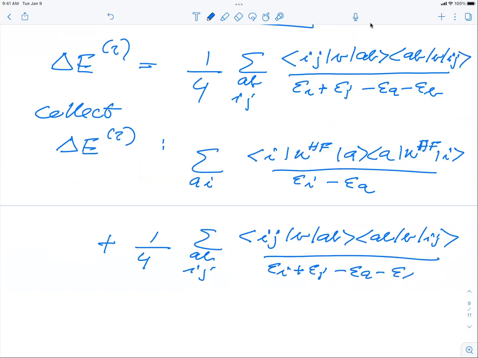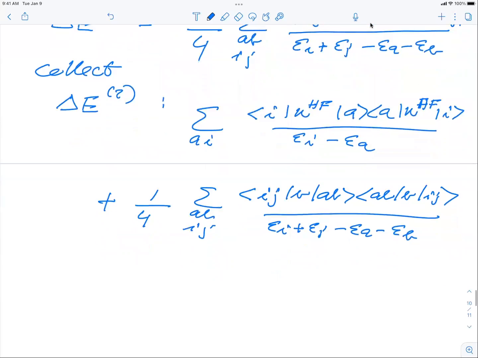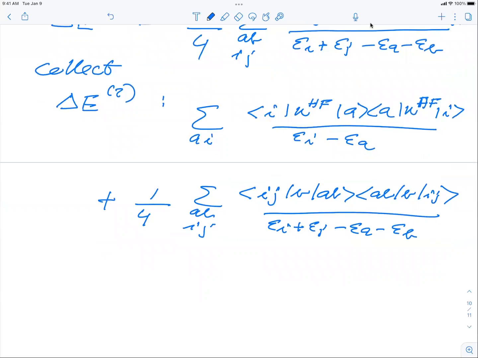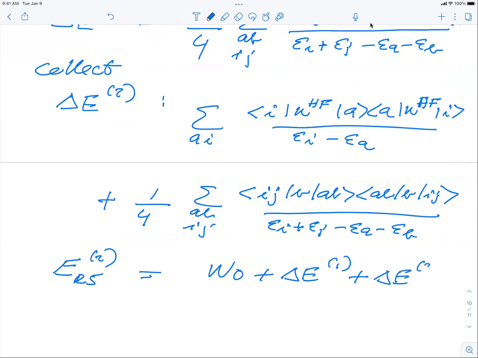So this is now an approximate result because we have truncated perturbation theory at second order. And then I have the first order term. So I need to add, so the total energy, E with Rayleigh-Schrödinger perturbation theory to second order is now going to include W0, obviously, plus delta E1 plus delta E2.